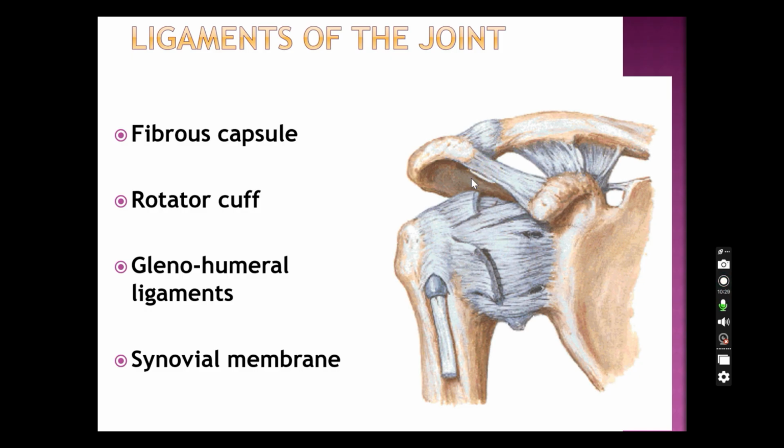In order to prevent this, there is a bursa located between the tendon of the supraspinatus and the coracoacromial ligament. This bursa is called the subacromial bursa, which is the largest bursa in our body.